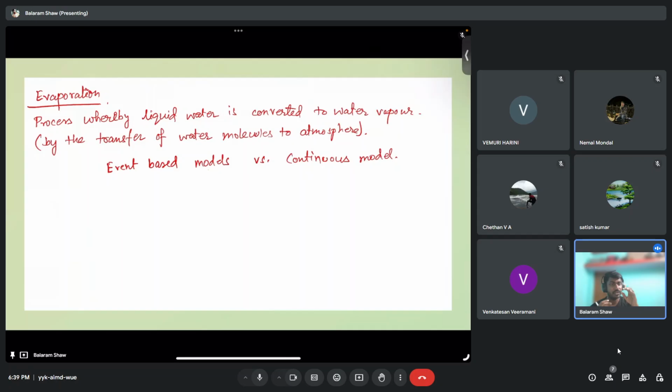Okay, so these are the factors that affect the evaporation. Other factors are also there, but the main factors that dominantly affect the evaporation are these.